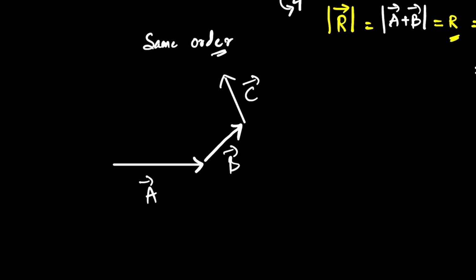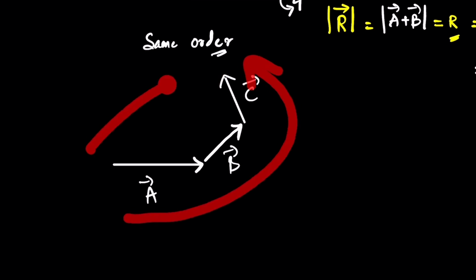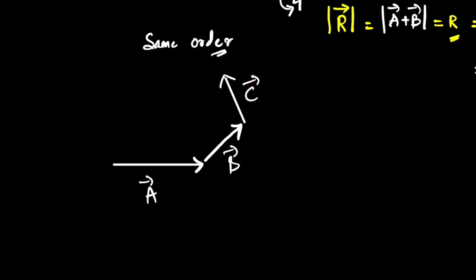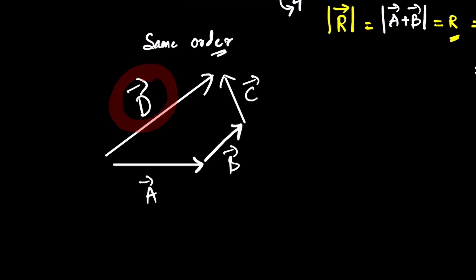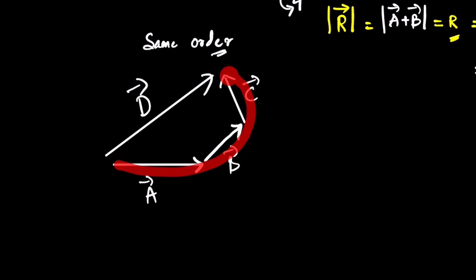If I draw another vector here, something like this, say d vector, then in my example d vector is said to be in opposite order to a, b, c. So a, b and c are in the same order, while d vector is in opposite order.